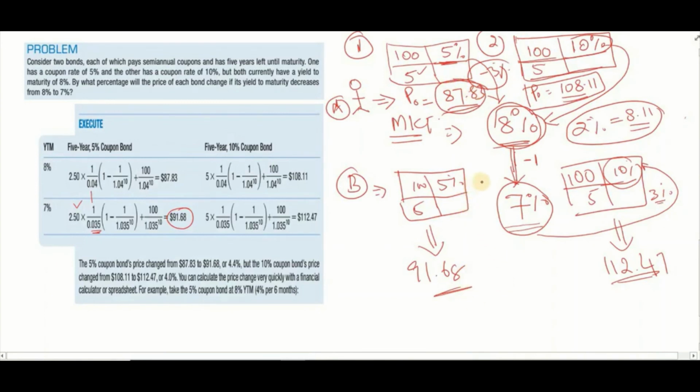But now you are getting 2% less from this bond compared to the market. Now previously you were willing to pay 87, but now you are willing to pay 91.68. Previously you were willing to pay 108, but now you are willing to pay 112. So that 3% difference is actually equal to 12.47 extra than the par value.